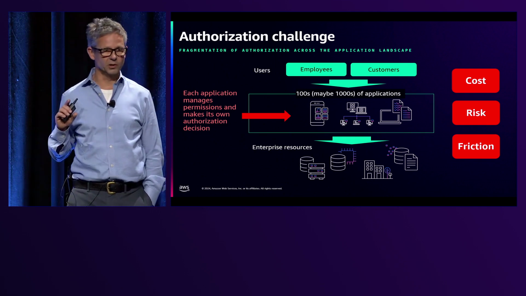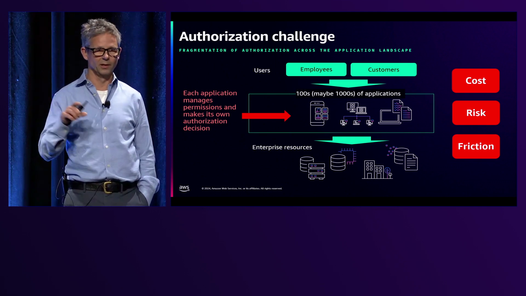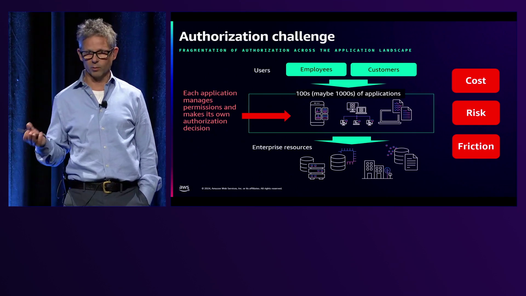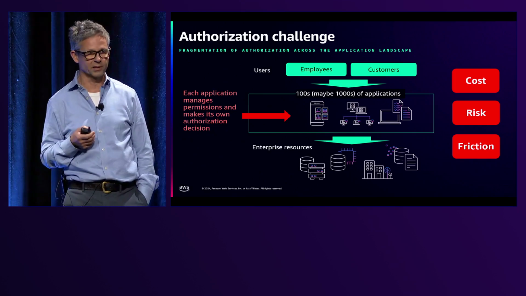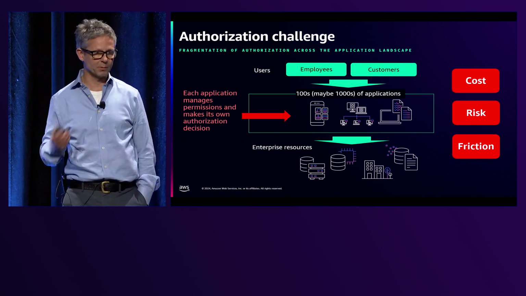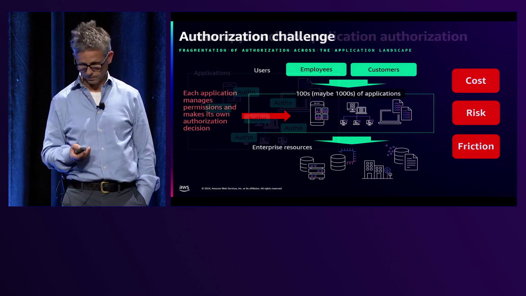There's a risk element because each application is implementing its own permission system. Each development team is in many ways reinventing the wheel as to how to implement user permissions within that application. And it generates friction because each new application that you build, you have to re-implement your permission system.